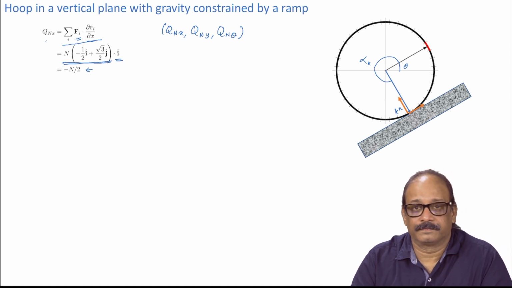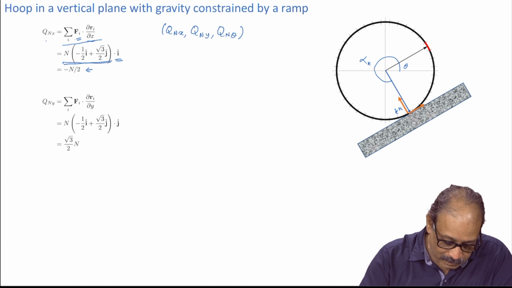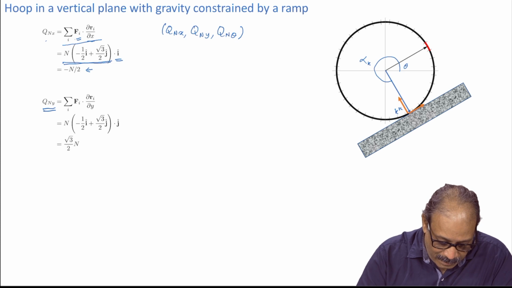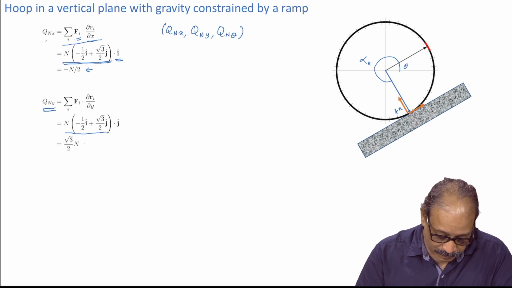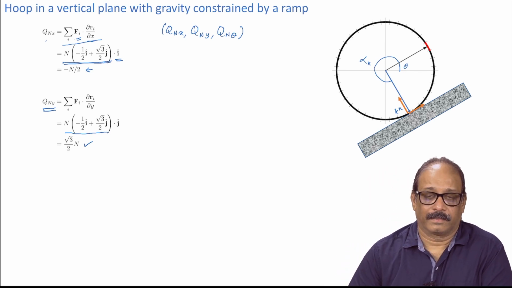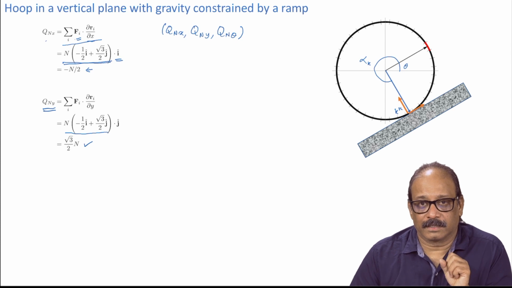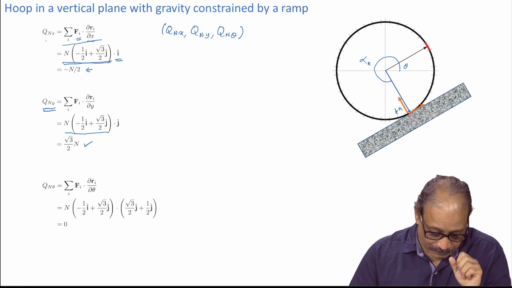When you take the dot product of these two, I just get Q_x is n by 2. In the same way, if I calculate Q_y, now the same F_k dot product with j cap gives me square root of 3 by 2 n. And I will now calculate the theta component. In the case of the theta component, something nice happens.